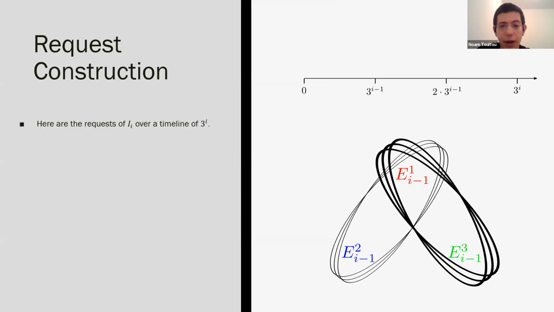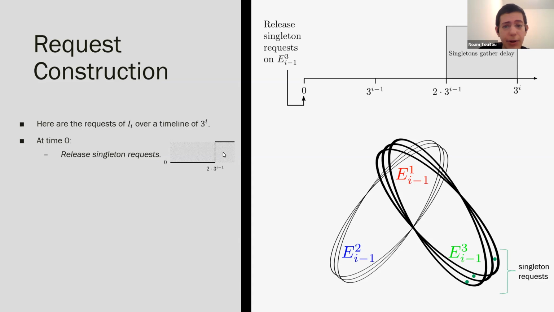Now it remains to describe the requests of this instance. So they appear over a timeline of 3 to the i time units. Here you can also see the universe of this I_i instance. At time 0, we're going to release singleton requests. So these requests are released on the green copies of elements.